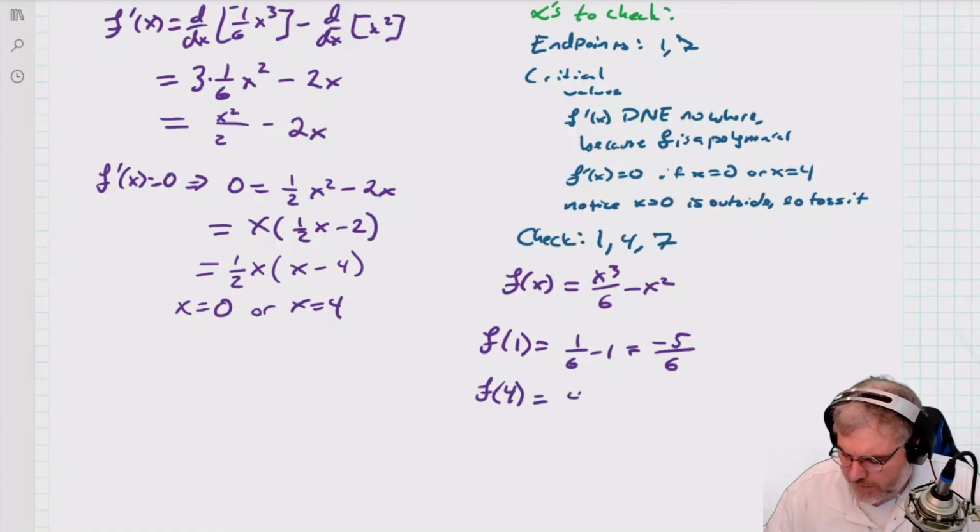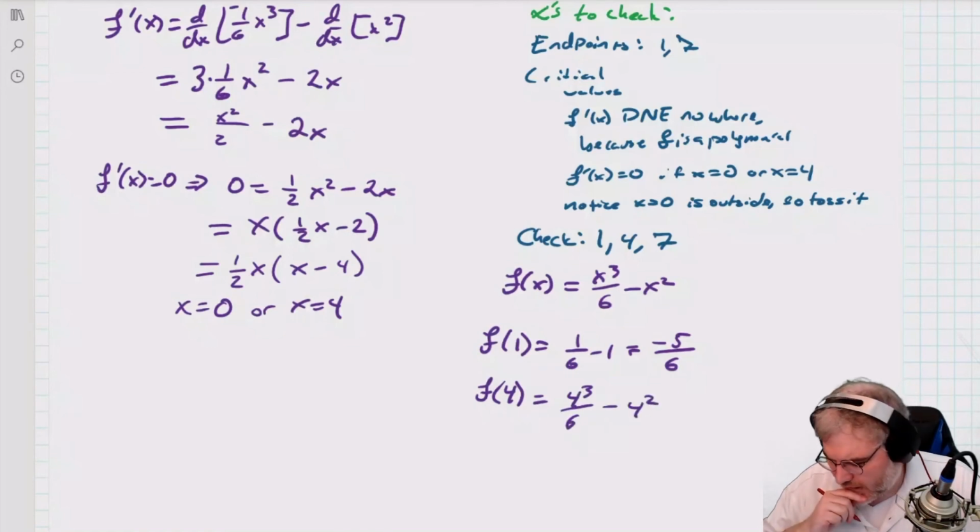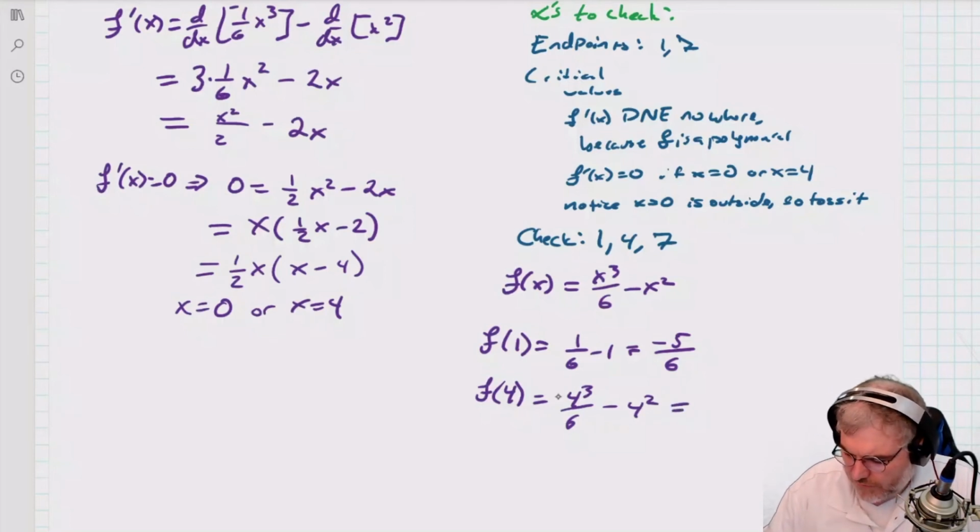4 cubed over 6 minus 4 squared. I'm going to factor out the 4 squared, and I'm going to get 4 squared times 4 over 6 minus 1.